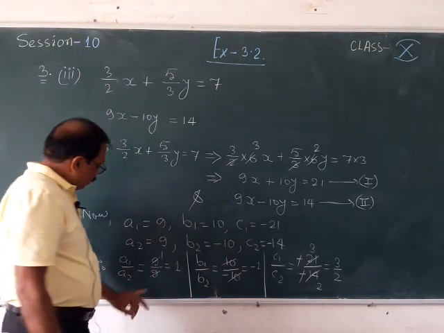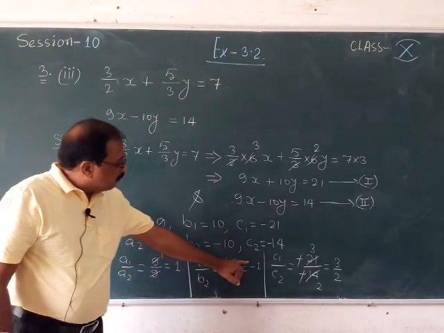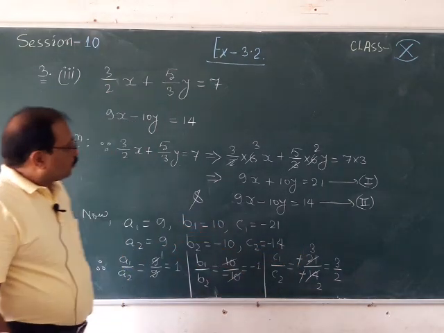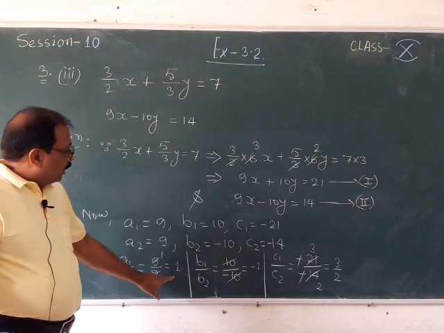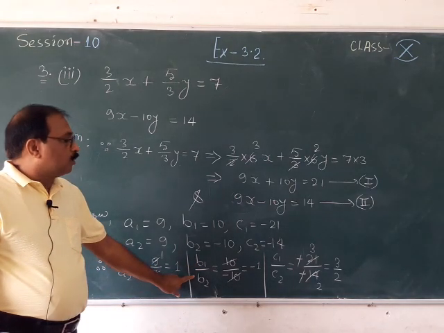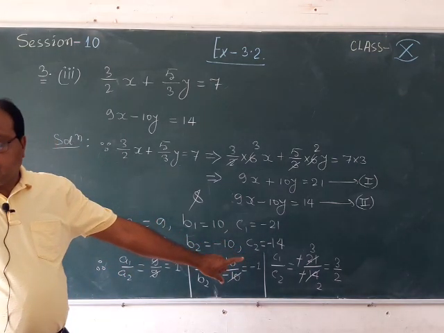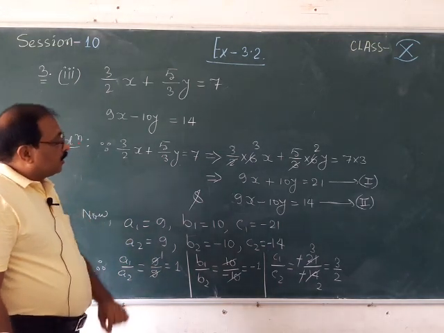So A1 by A2 is coming 1, B1 by B2 is coming minus 1 and C1 by C2 is coming 3 by 2. Therefore it is clear that A1 by A2 and B1 by B2 are not equal to each other, and it is not equal to C1 by C2. Okay, that means the pair of equations is consistent.